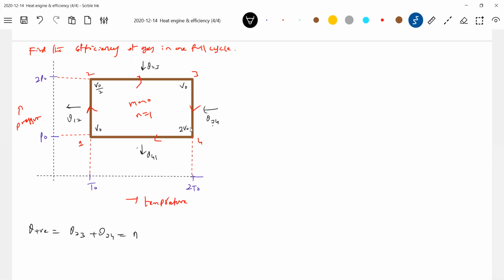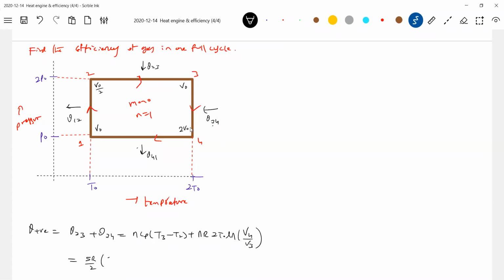Isobaric heating, n, number of moles 1. I'll write a formula. Then this will be in isothermal expansion: nR, temperature 2T naught, log of V4 by V3. Number of moles is 1. Monoatomic gas, Cp is how much? 5R by 2.